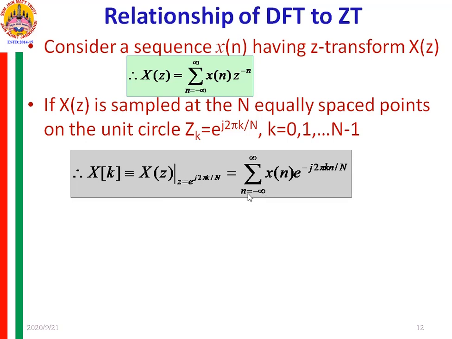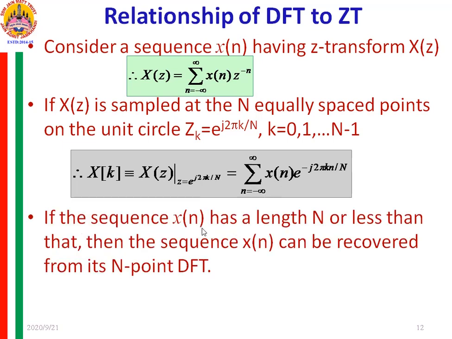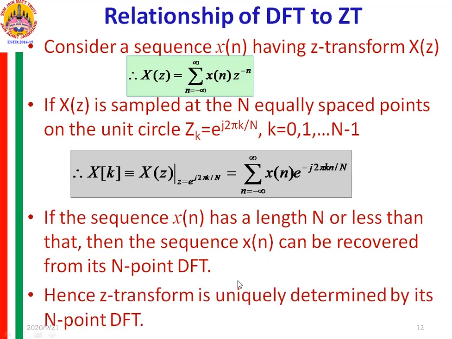So n will be varying at that time from 0 to N minus 1. If the sequence x[n] has a length N or less than that, then the sequence x[n] can be recovered from its N-point DFT. Hence, the Z transform is uniquely determined by its N-point DFT.